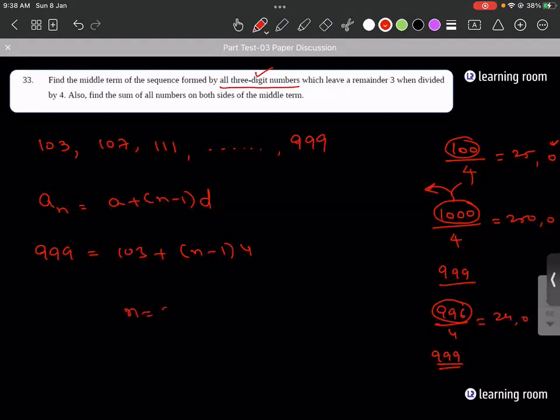Yes. So if you get 225, it means you have an odd number of terms in the sequence.